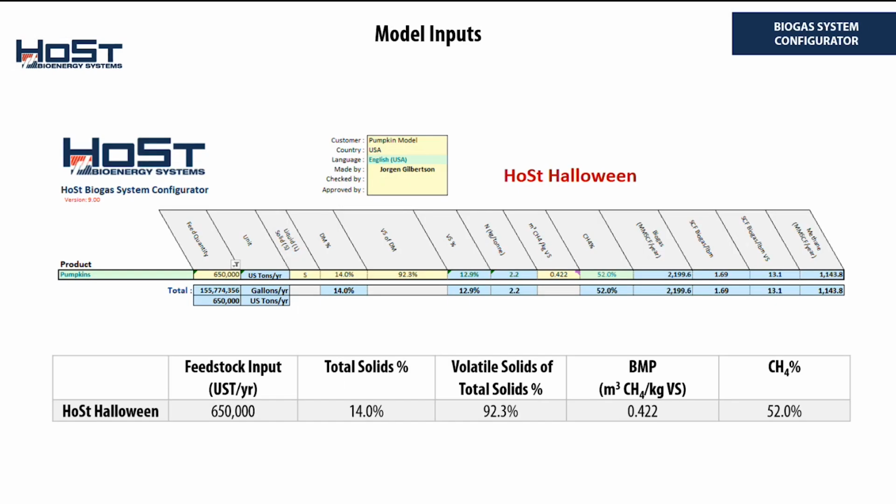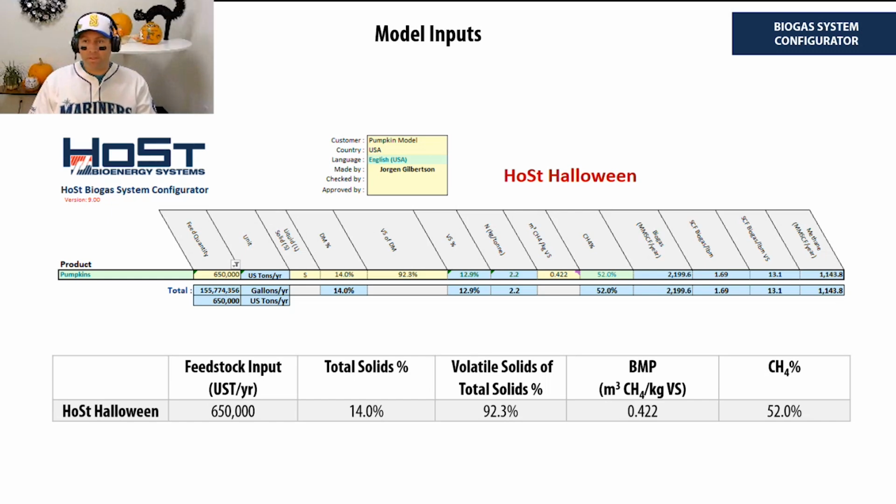So let's jump right in. We have our project premise of 1.3 billion pounds of pumpkins going into the digesters, and this is a screenshot of part of our biogas modeler. We understand this is not a realistic project, because the pumpkins come from all over the United States, and they all come in one season.